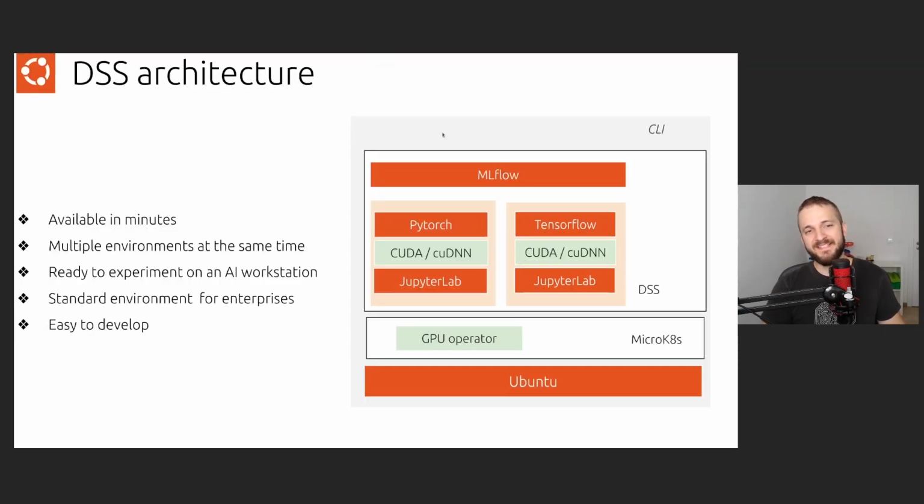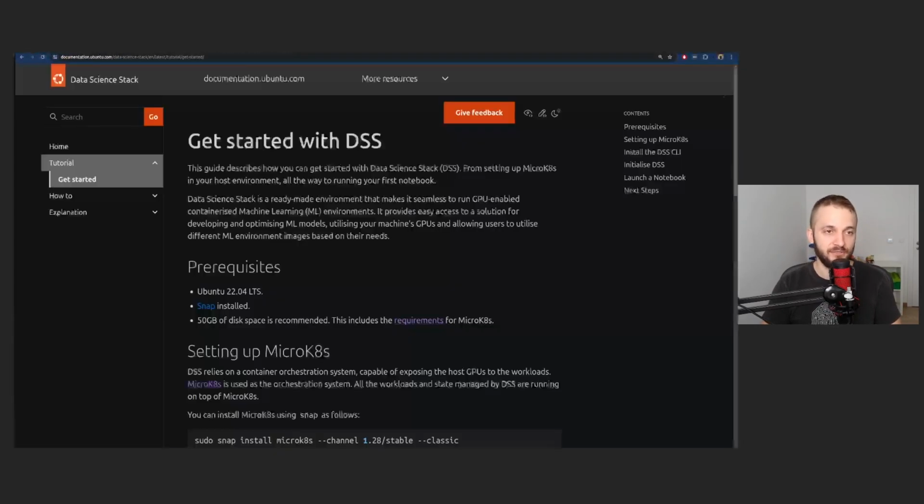So what is the architecture? As we were saying, behind the scenes Data Science Stack expects you to have MicroK8s, and we expect you to have enabled the GPU operator for the vendor you want to use for your machine learning workflows. In this case it was NVIDIA, and I enabled it with the command sudo microk8s enable gpu. If you are interested in how to enable other vendors, you should always go to our Data Science Stack documentation.